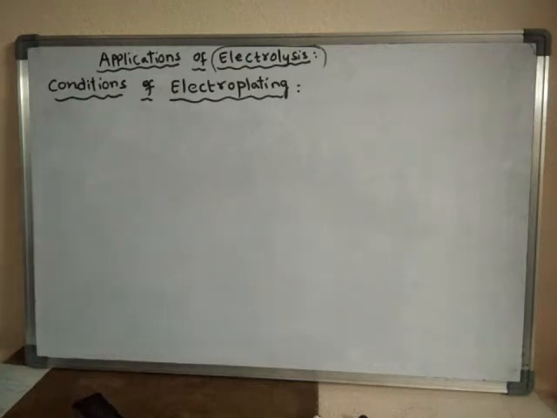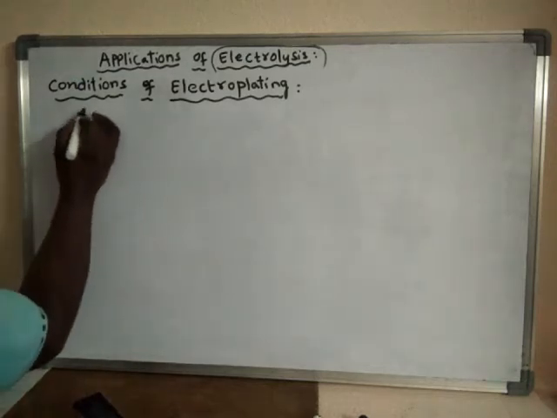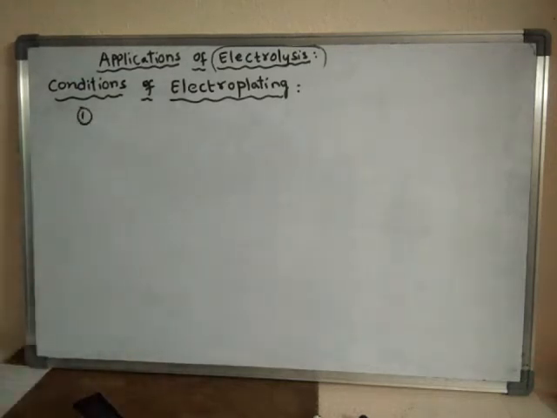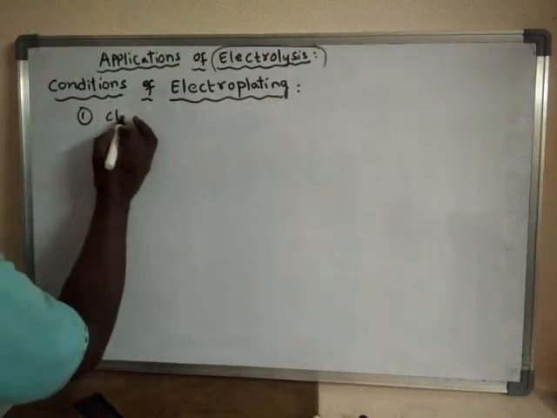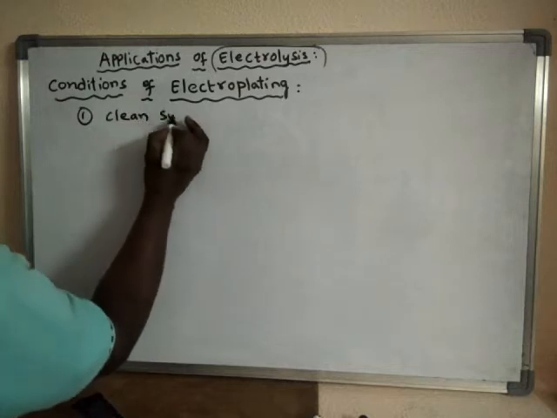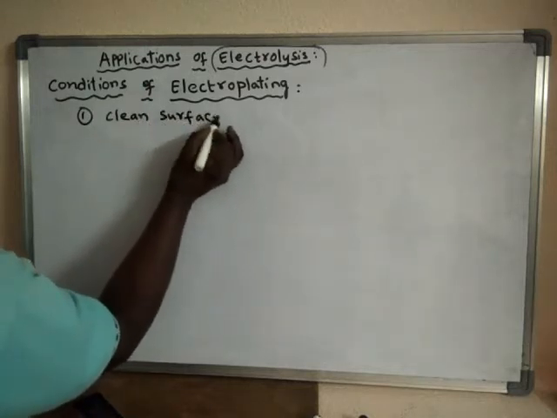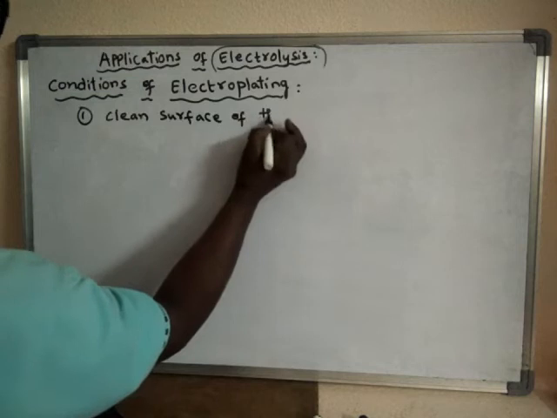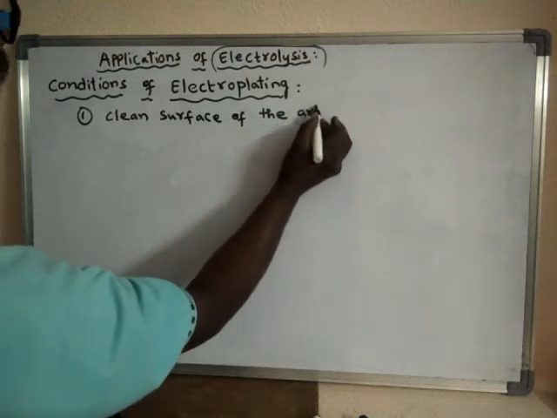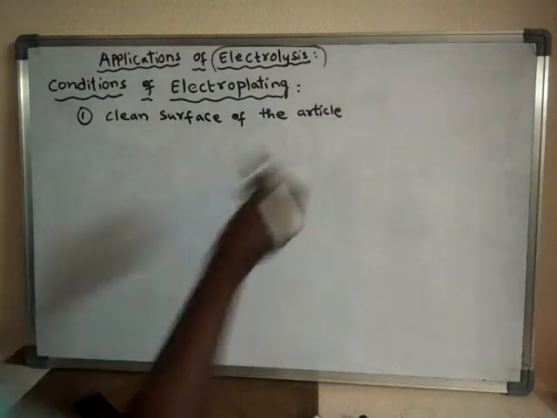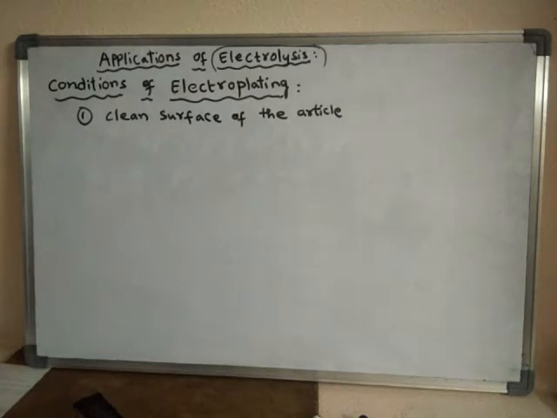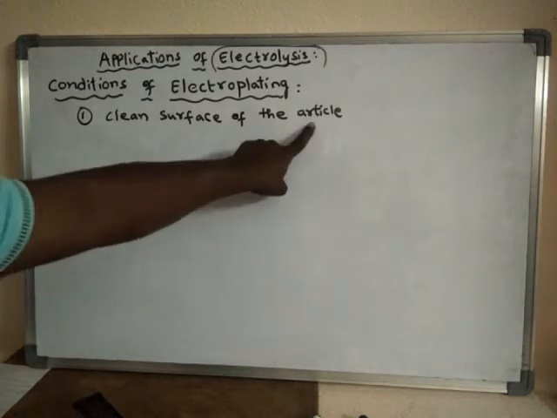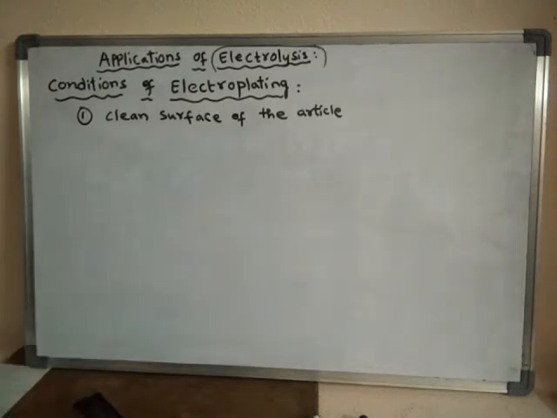The first and foremost condition is the presence of a clean surface. The article should have a clean surface in order to deposit a superior metal on it. There should not be any impurities.